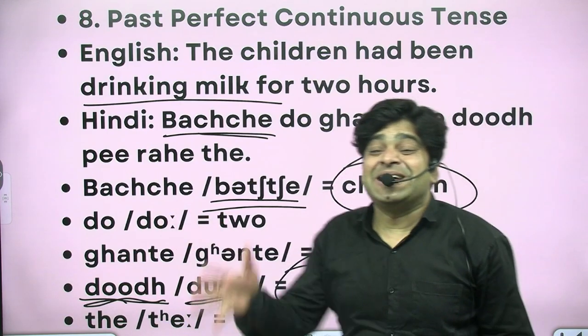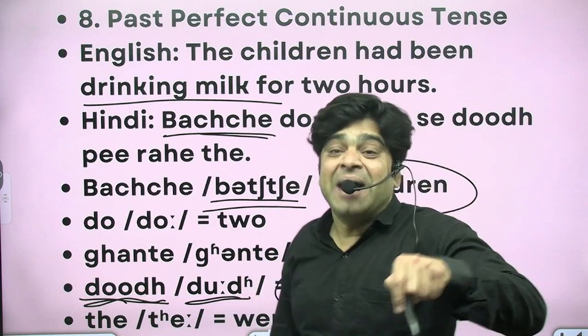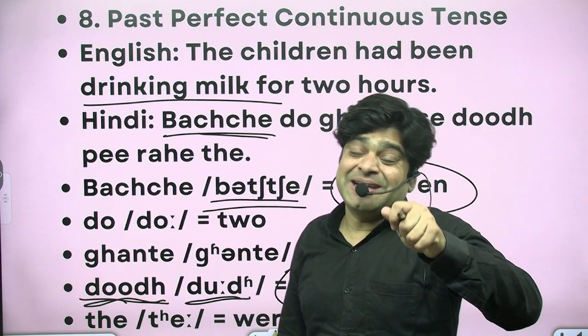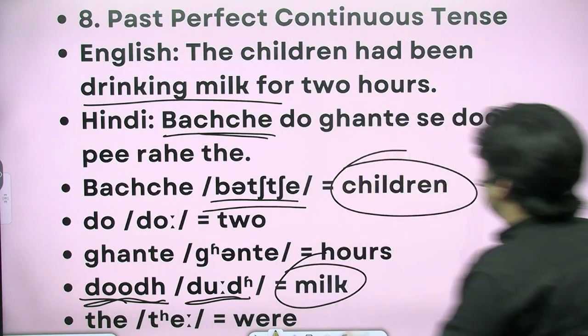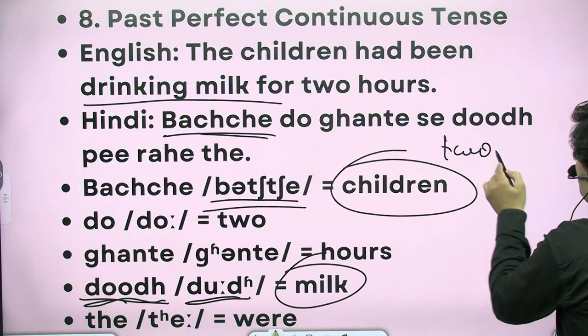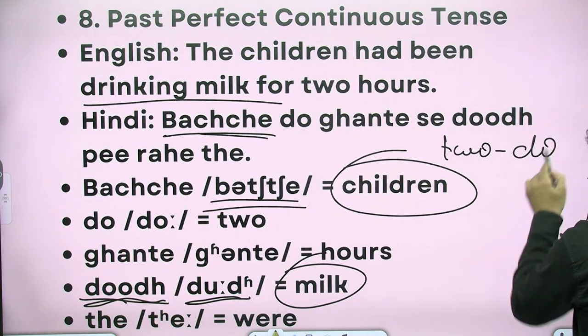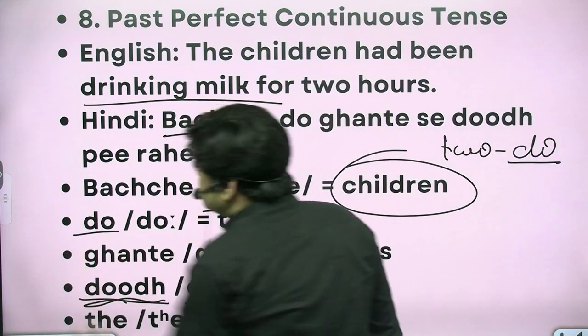Now you know, just after the subject, the object comes: bacche doodh. But there is a time preposition, for 2 hours. 2 hours we have already discussed. For 2 we will use do, the dental do.